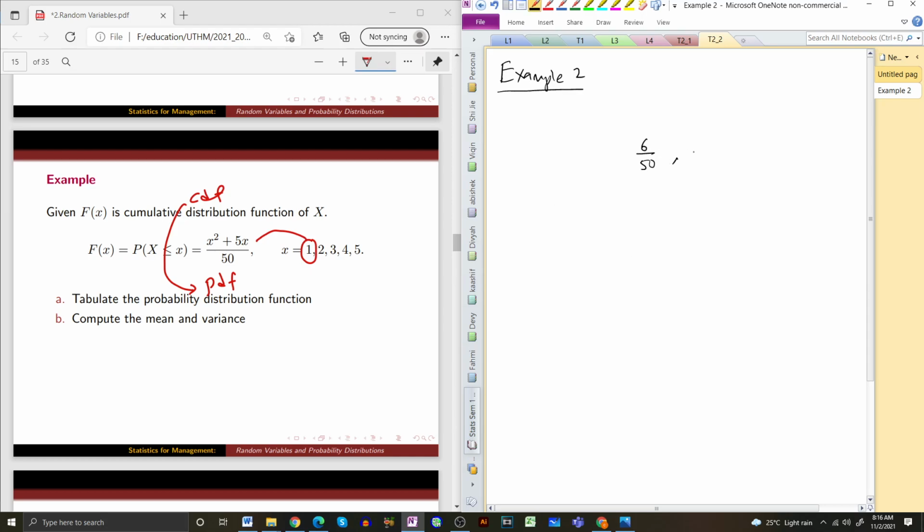Of course we will write it as x equal to 1, but I told you we will write in terms of intervals. So I'm going to write like this first, of course not completed yet. Keep it first, and then substitute 2 inside here. You will get 14 over 50.